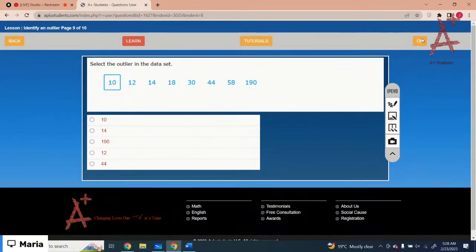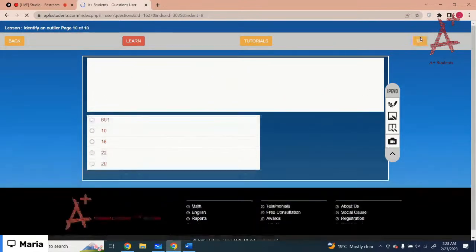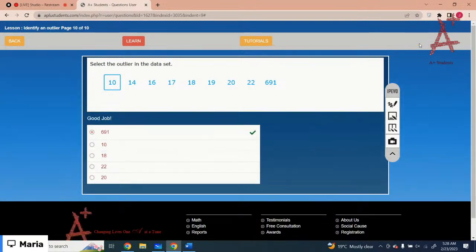So which is the outlier? Yes, 190 is the outlier. Select the outlier in the dataset. So which is the outlier? Very good. 691 is the outlier. Got it? Okay, we are done with the test.